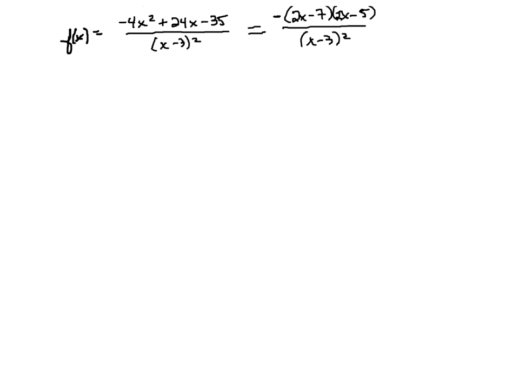All right, so let's do asymptotes first. By the way, just so you know, x minus 3 squared is also x squared minus 6x plus 9. All right. So, vertical asymptote.